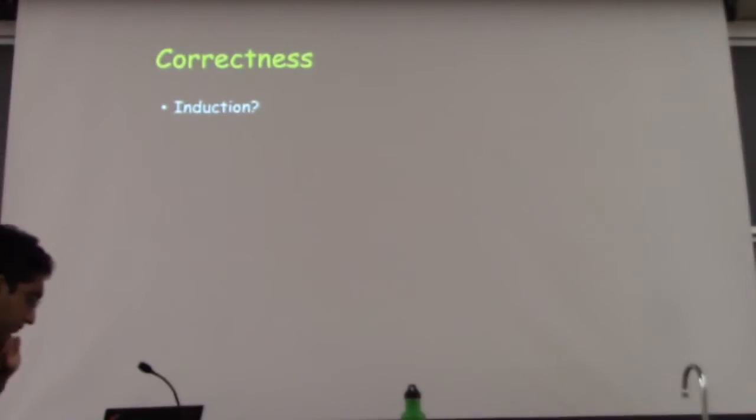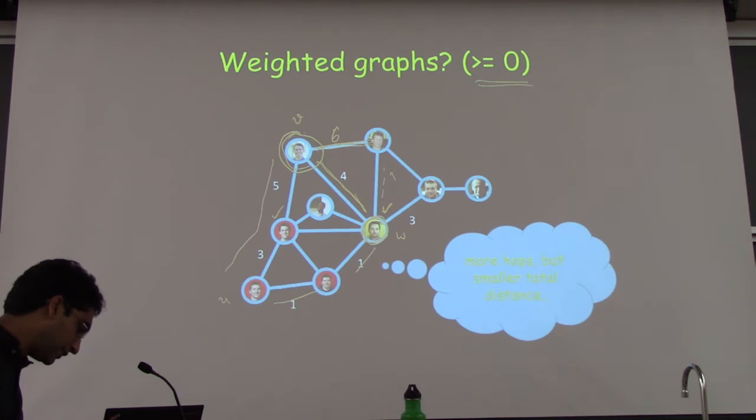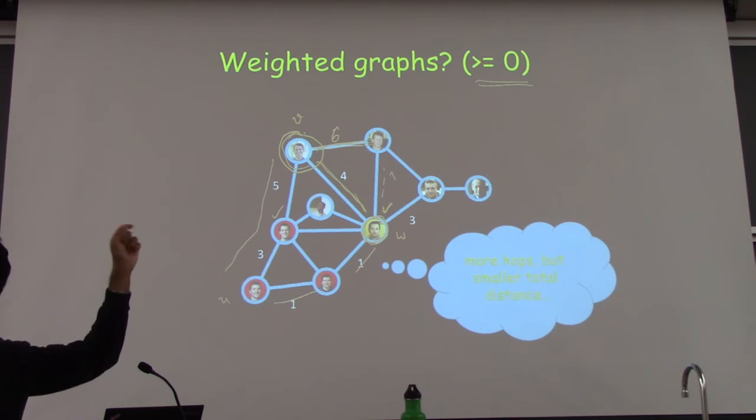But what I want to do is essentially reason like we did before, right? So remember in the picture that I showed before, we said that the shortest path from vertex V to W has to be the right one.